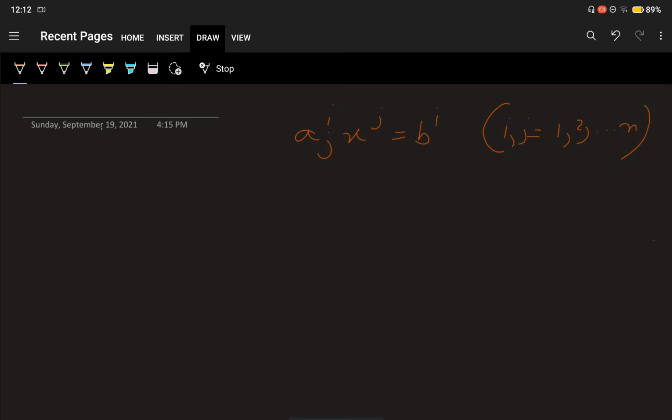Now multiply aij xj by Aki, equals bi Aki. So these indices are contracted, and we assume that aij xj can be written as bi.